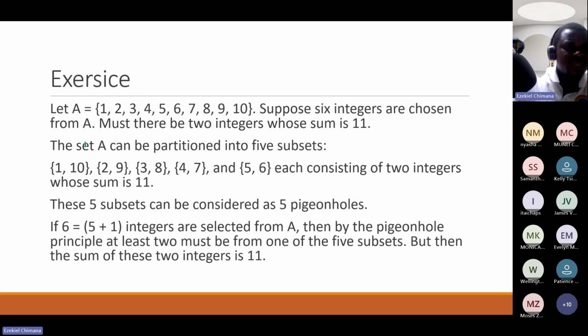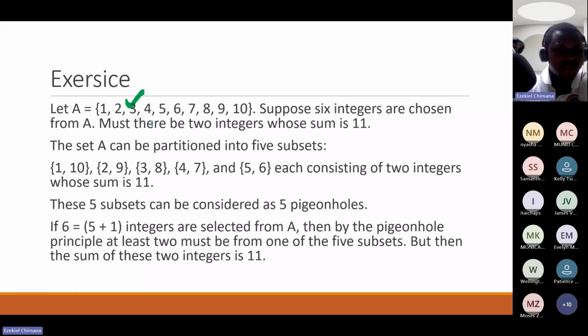And then there's this one which says, let A be {1, 2, 3, 4, 5, 6, 7, 8, 9, 10}. So A is the set, and suppose that 6 integers are chosen from A. Must there be 2 integers whose sum is 11?